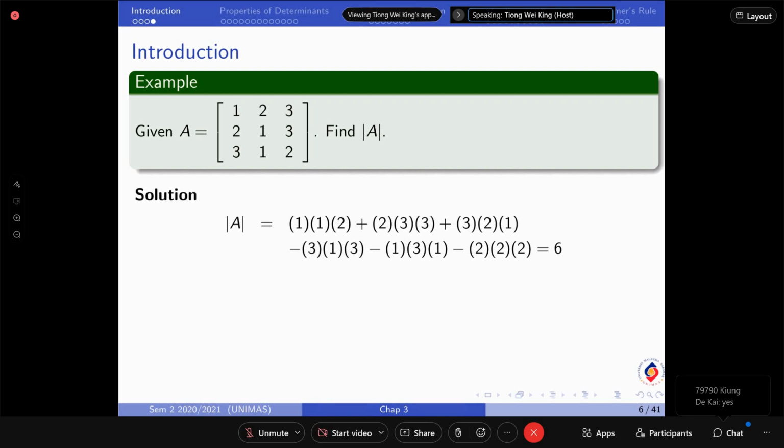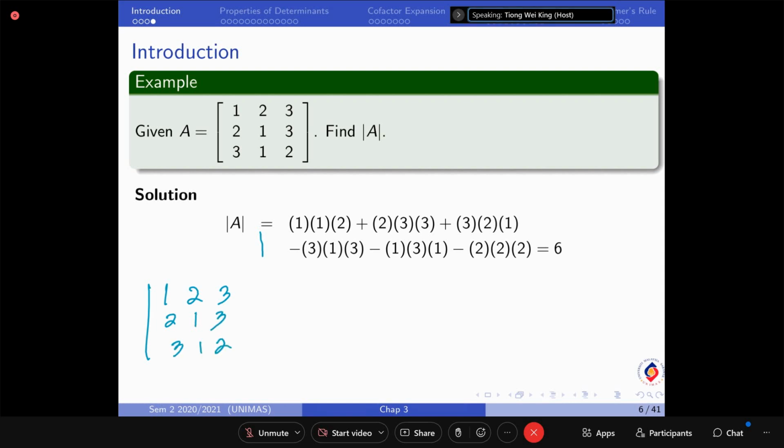One example is this. Given A, you just copy down the matrix: 2, 1, 3, 3, 1, 2, and then you repeat the first 2 columns: 2, 1, 1.